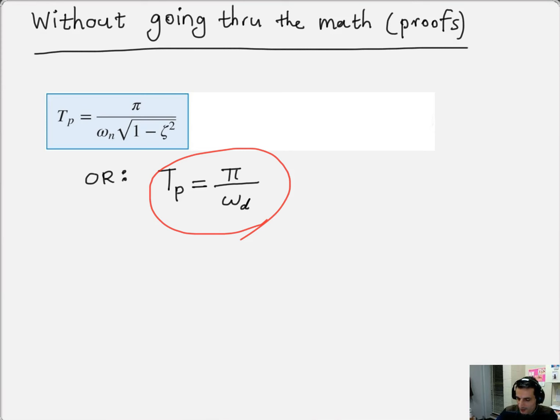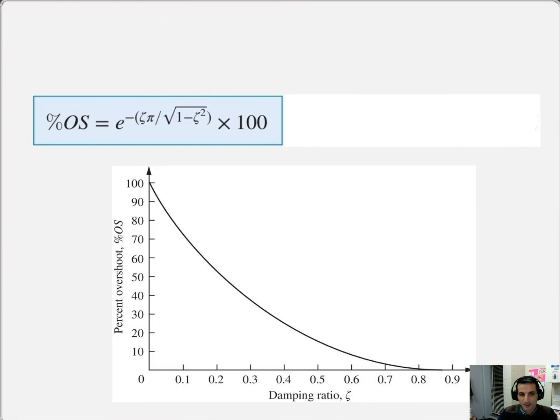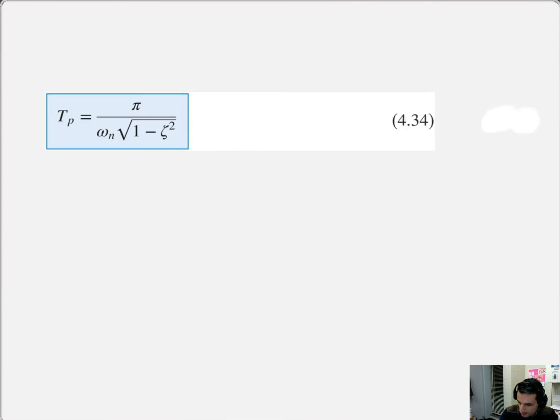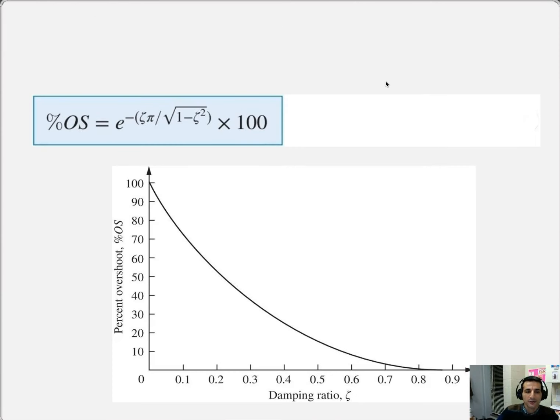Then your next equation is actually the percentage of overshoot. So the percentage of overshoot is going to be what you see here. So you multiply e to the power of negative pi zeta divided by square root of 1 minus zeta squared by 100%.